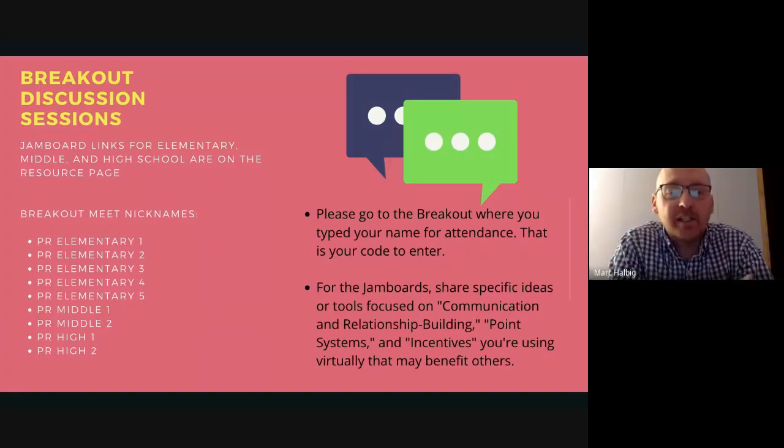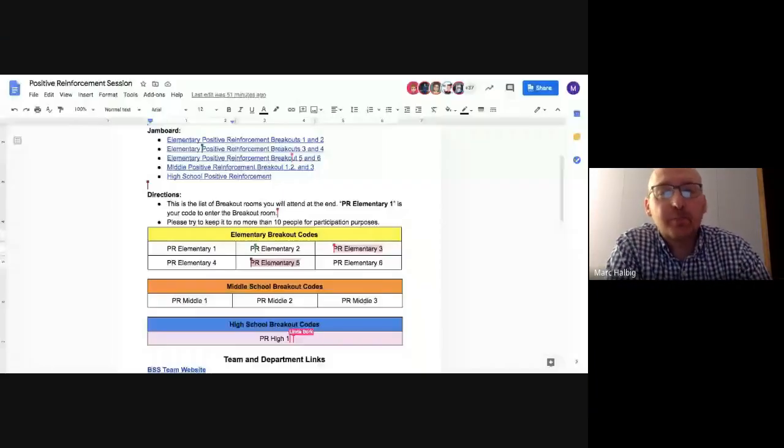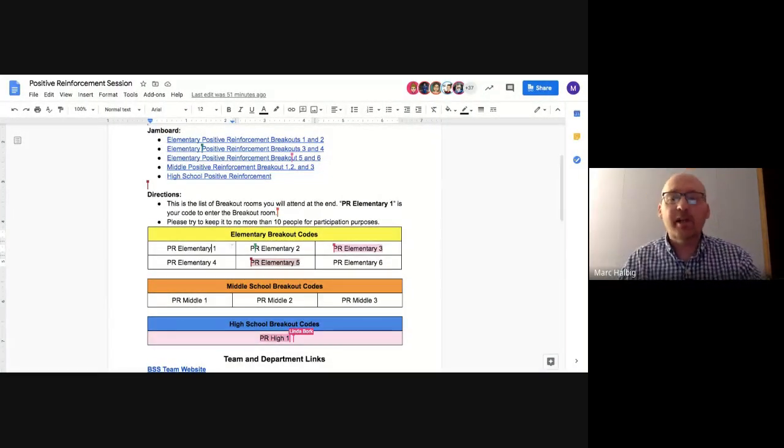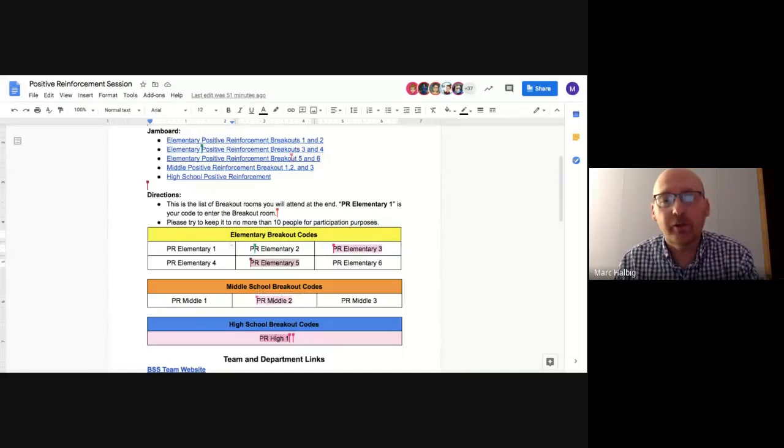If you see 10 people in a breakout room or so, maybe pick one of the other codes and try. We had to give more flexibility with this because of the numbers. If we had you sign up, it may freeze computers, and we don't want that. So if you'd like for one of us to join a breakout room, please let us know. We'll stay here in this main one, and I'm going to stop presenting right now if that's okay.